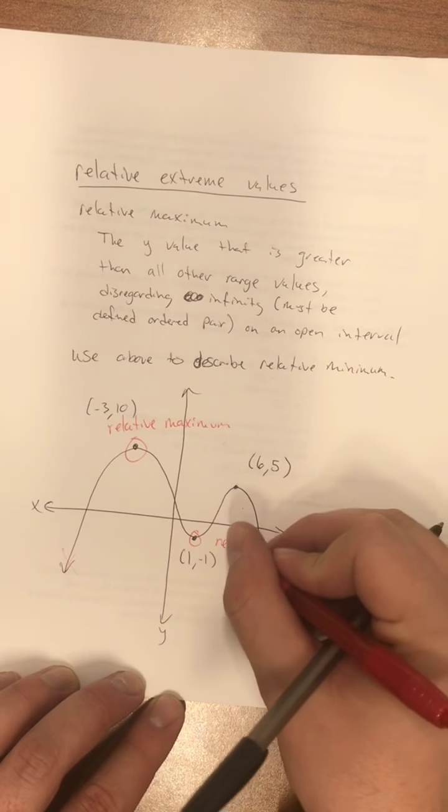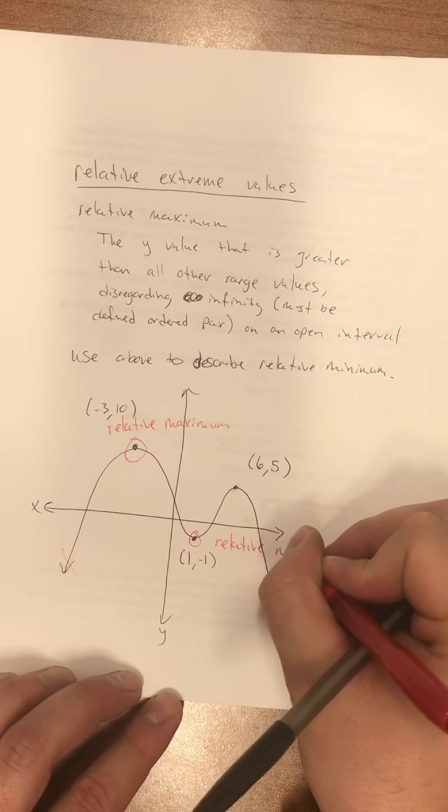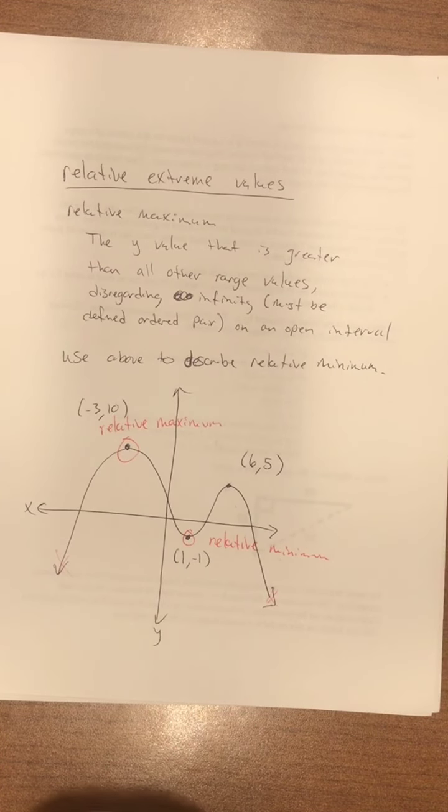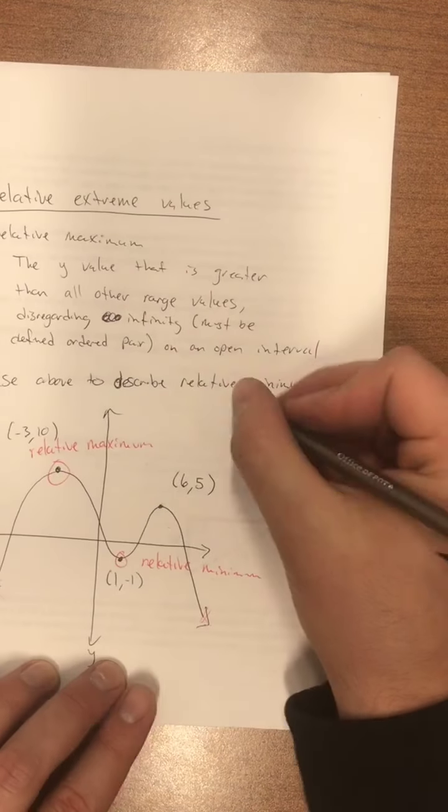So down here at this valley is the relative minimum. So on this graph, there's only one valley, so we only have one choice. If there were two, you would choose the least.